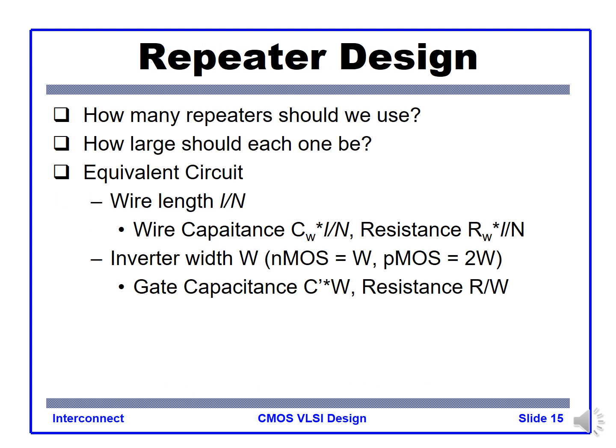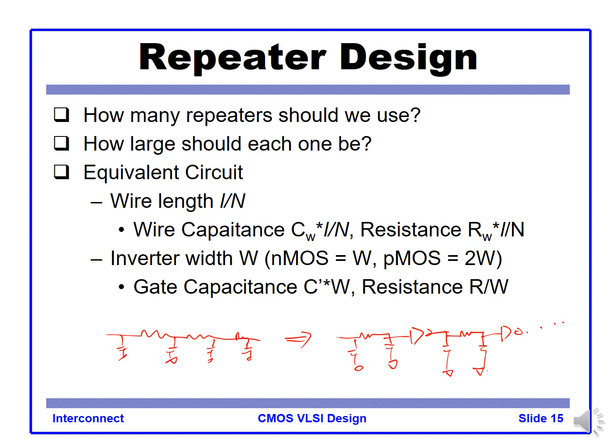Now let's go to repeater design. The question is, how many repeaters should we use, and how large should each repeater be? First, for the long wire, we know that it is a distributed model. We break that into N sections and put in a repeater, meaning an inverter, like this.